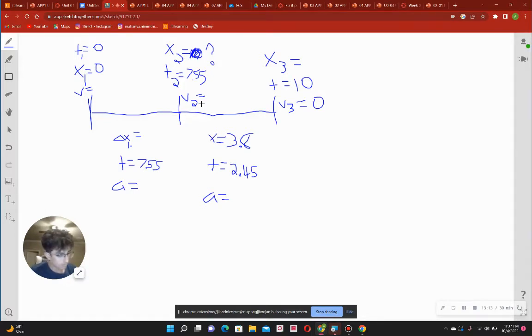And to be able to do that, I'm going to go ahead and use the kinematic equation 2a. So this is for V2. And for V2, the second 2a is displacement of x is equal to 1/2 initial velocity plus average velocity times time.